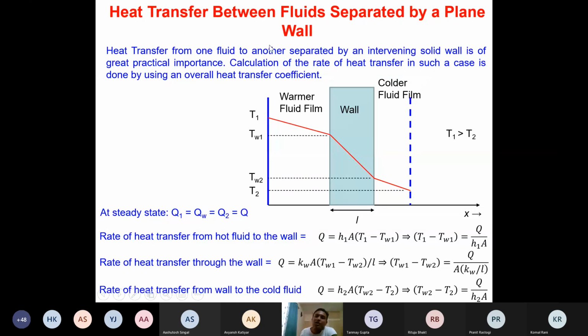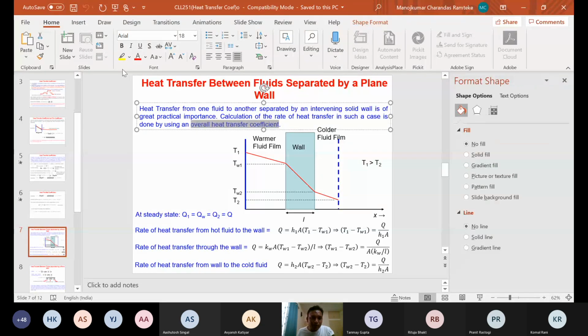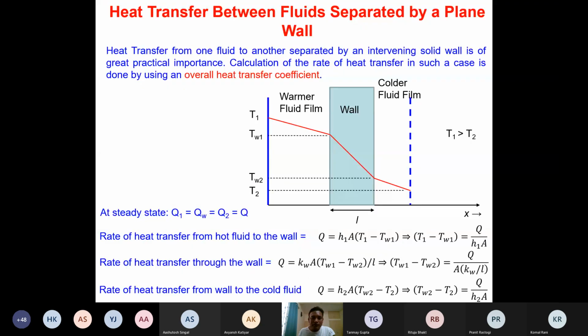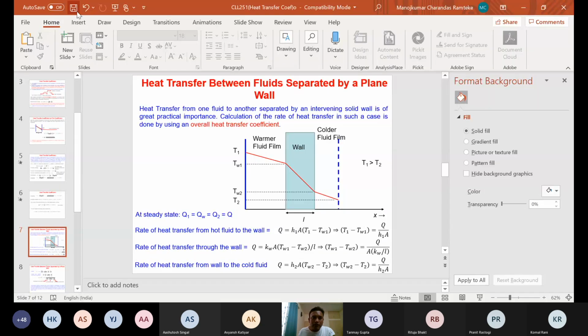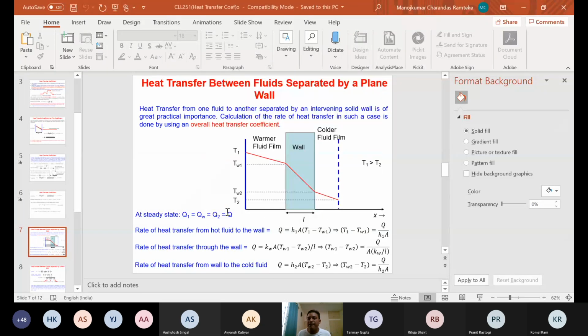Okay. So calculation of the rate of heat transfer in such cases is done by using the overall heat transfer coefficient. This is a very important point. Maybe I just make it red. This is a very important point. So what we wanted to say here is, the situation in which two fluids are separated by an intervening metal wall is commonly present in process applications.